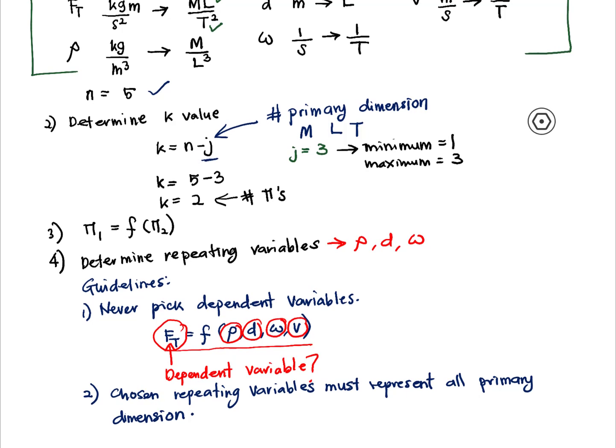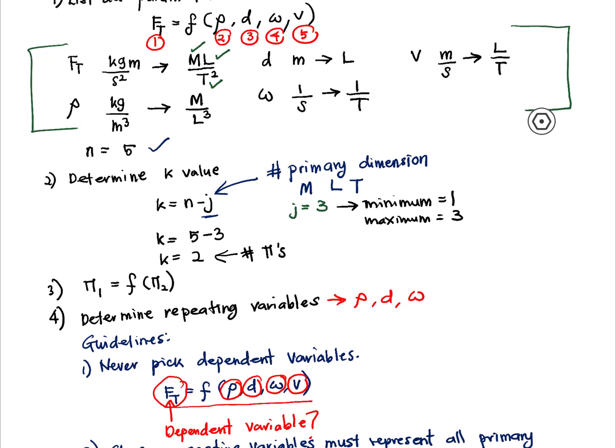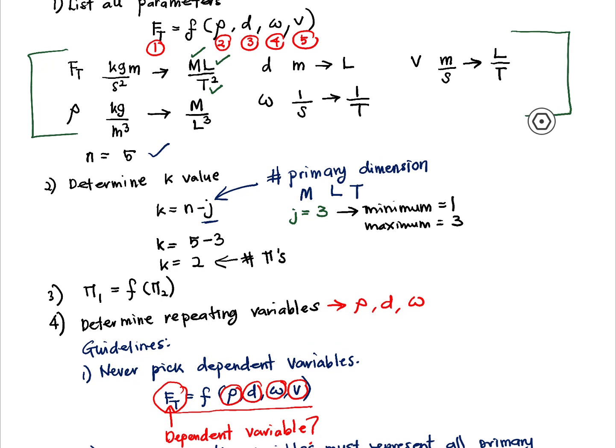Chosen repeating variables must represent all primary dimensions. The number of your primary dimensions is 3, and the number of repeating variables is the same as the value of j.